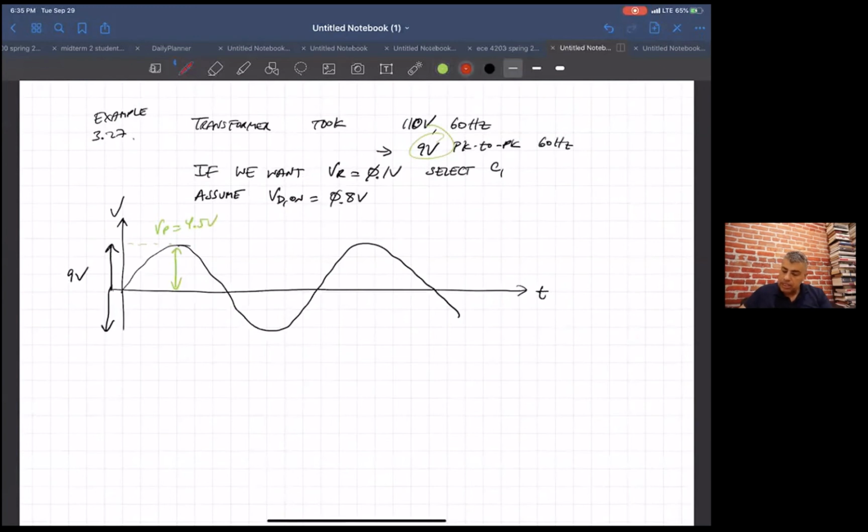The diode turns on when the input is at 0.8 volts, which is our VD on. So it kicks off there, goes up to 4.5 volts minus 0.8 volts, that's V sub P minus VD on, and then it starts to droop. Then it's going to repeat itself. So we want this ripple to be 0.1 volt, and we have to pick the cap.